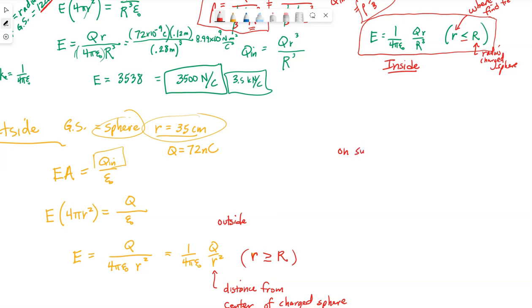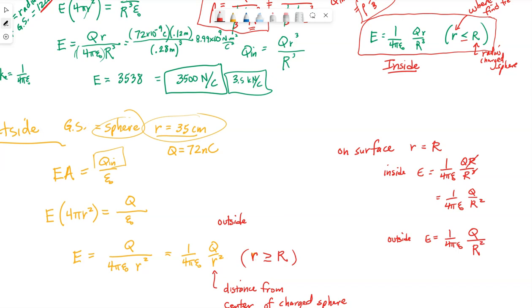Notice on the surface where lowercase r, where we're trying to find the value, is equal to the radius of the charged object, the top equation, the inside equation, Q, we plug in capital R for lowercase r, it's capital R cubed in the numerator, this becomes the same as if we plugged in to the outside equation, capital R for lowercase r.